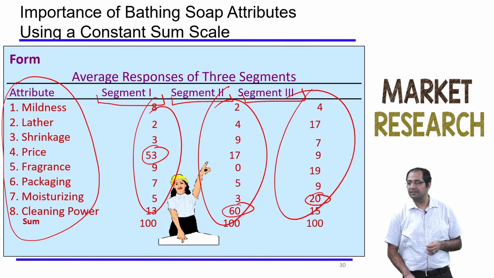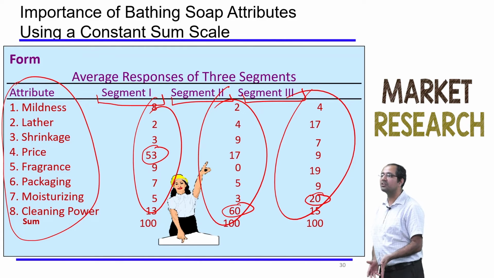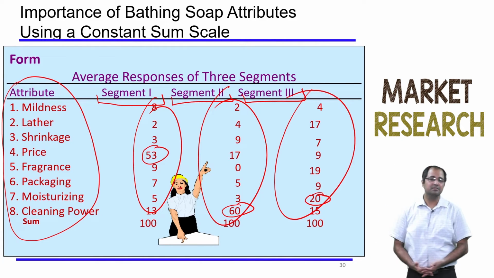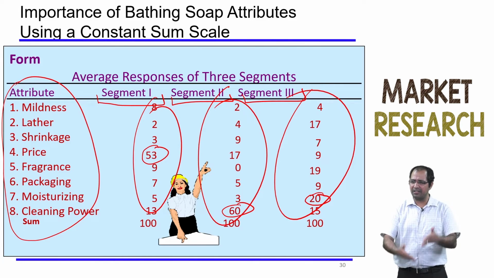Any questions here? So you will get a rank order based upon the number of points allocated. But you could also ask me, this is out of 100 for each segment. When you are asked to allocate 100 points, somebody could allocate 0 points also. So why is it not ratio? Why is it comparative scaling? Why are we getting an ordinal sort of order?